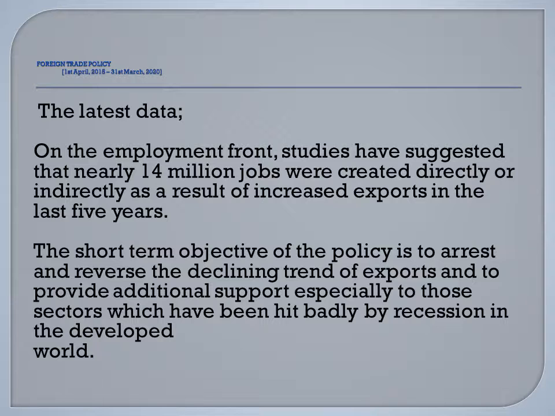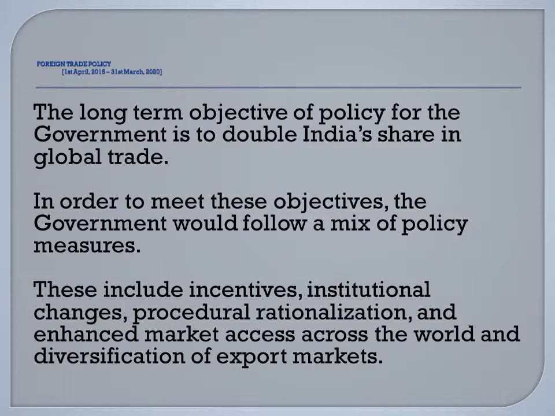The short term objective of the policy is to arrest and reverse the declining trend of exports and to provide additional support, especially to those sectors which have been hit badly by recession in the developed world. The long term objective of the policy for the government is to double India's share in global trade.